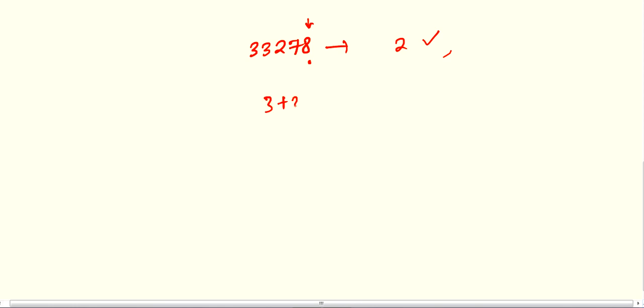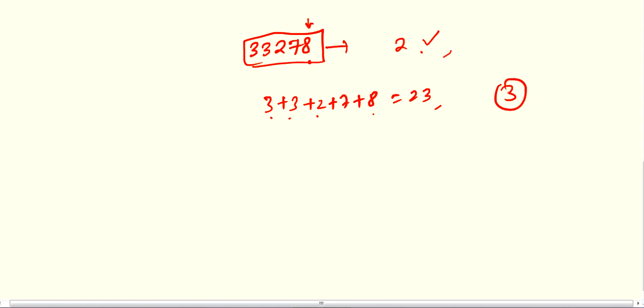Then 3 plus 3 plus 2 plus 7 plus 8. 3 plus 3 is 6, 6 plus 2 is 8, 8 plus 8 is 16, 16 plus 7 is 23. Is 23 divisible by 3? No, 23 is not divisible by 3. So this number is only divisible by 2 but not by 3. So the given number will not be divisible by 6.